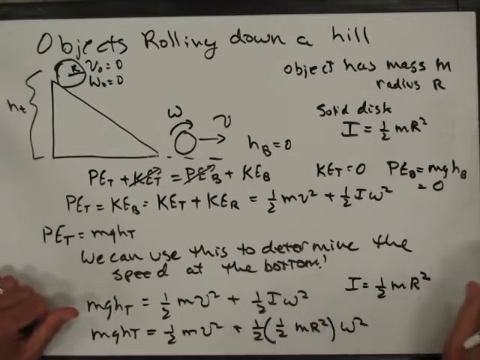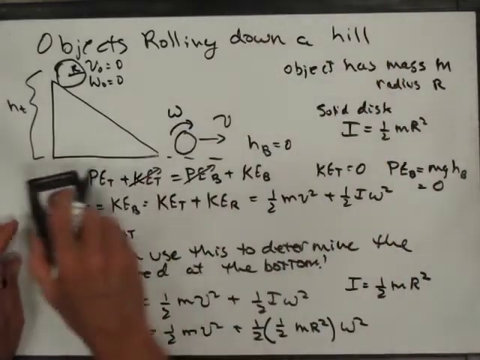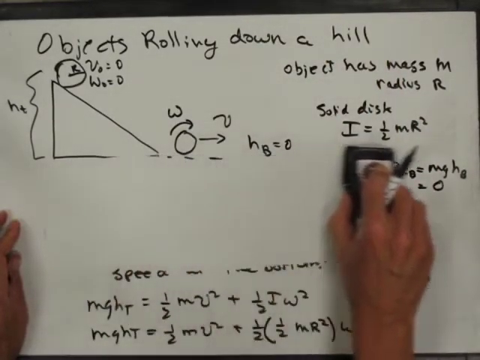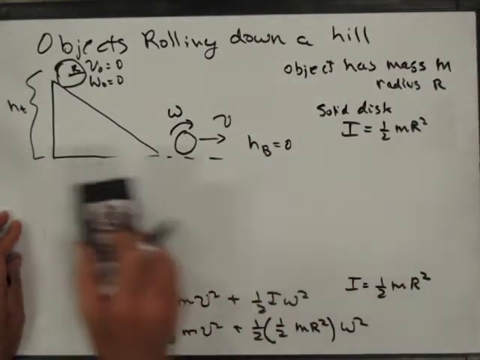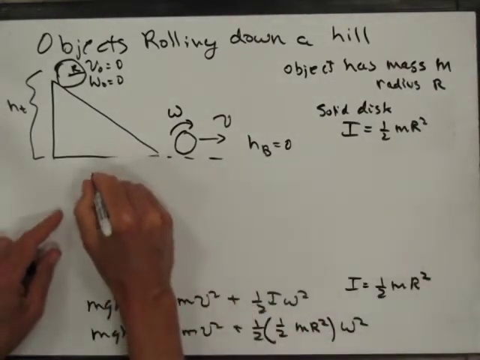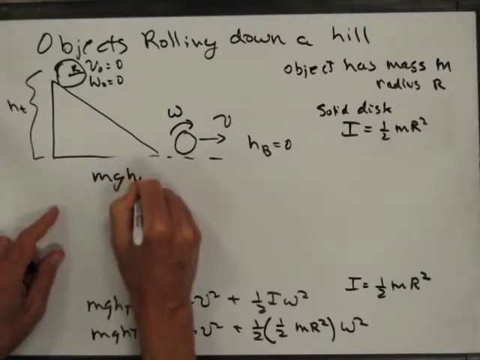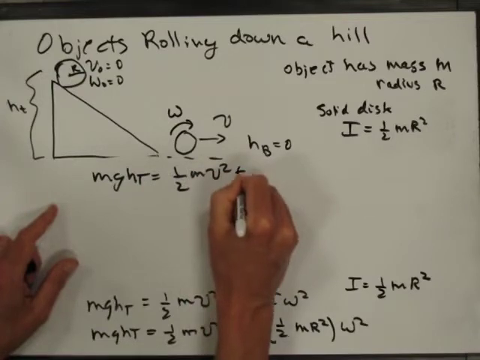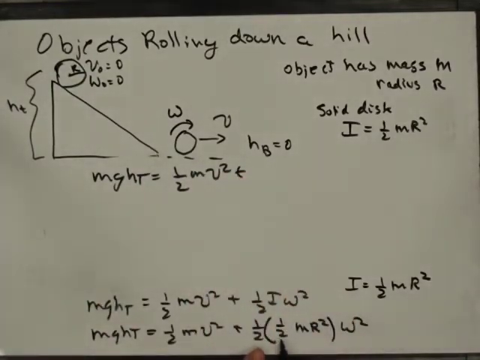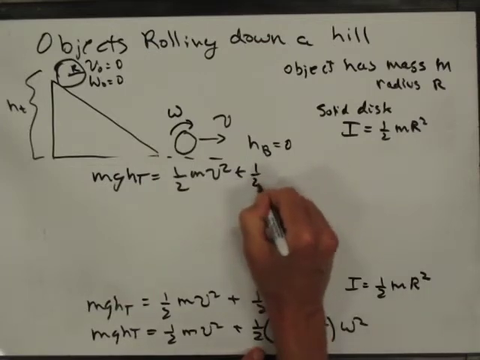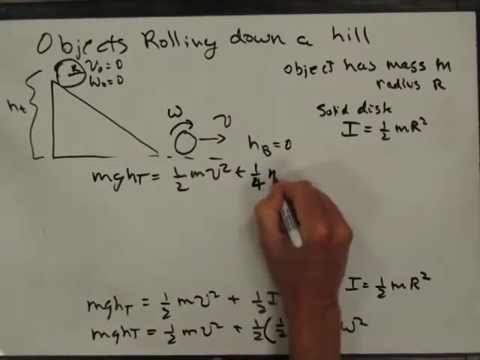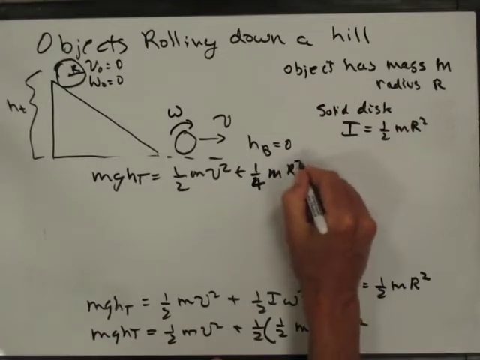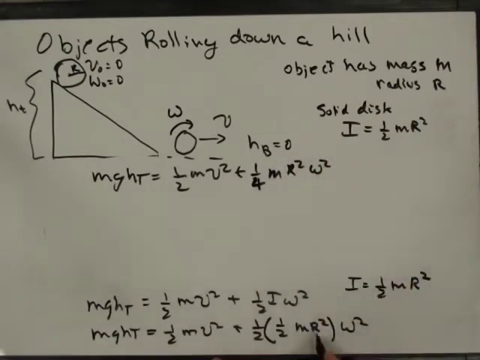I'm going to have to erase up here just a little bit. So this becomes mg h top equals 1/2 m v squared plus, keep an eye on this, a half times a half is a quarter, so 1/4 m r squared omega squared.